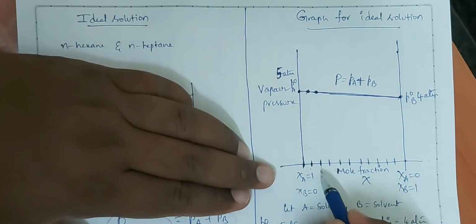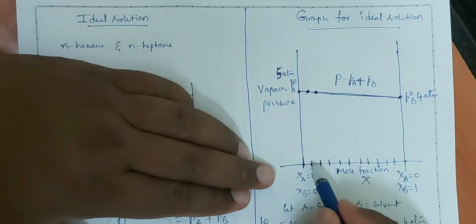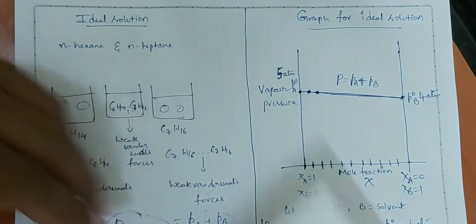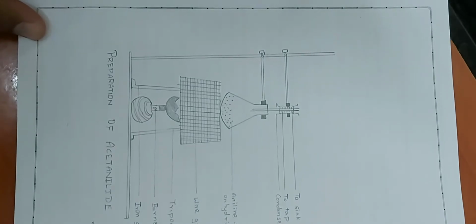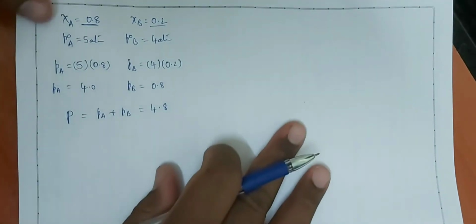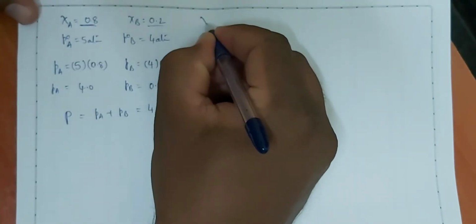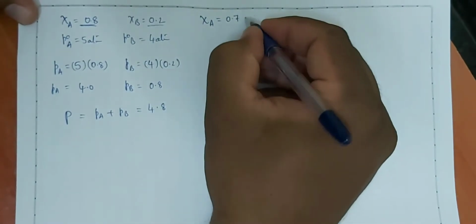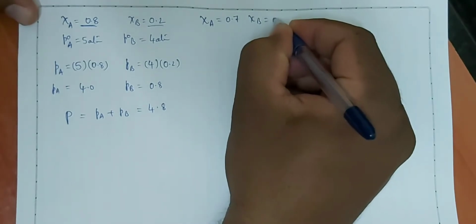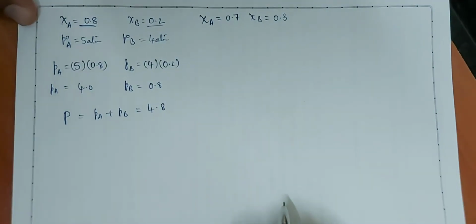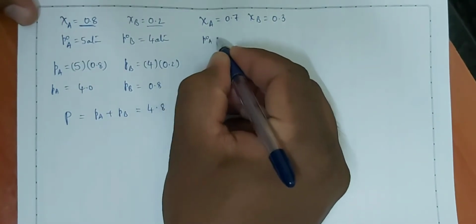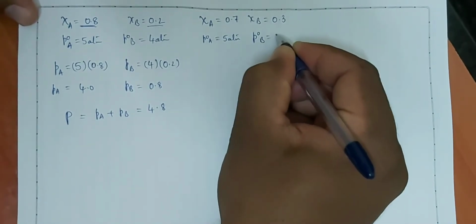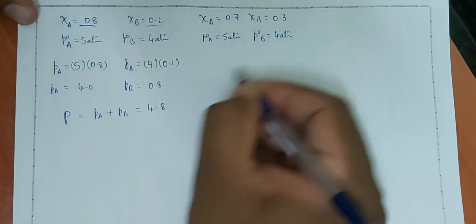Now I will take one more concentration. We completed this one and this point. Now third point I am going to consider. At this third point, chi A is equal to 0.7, chi B is equal to 0.3. Already P naught A is fixed at 5 atmospheres, P naught B is equal to 4 atmospheres.